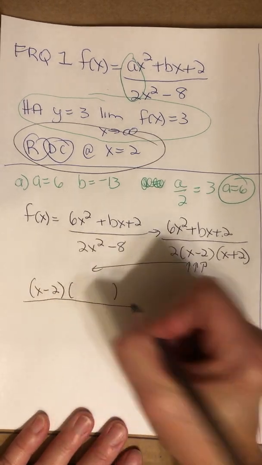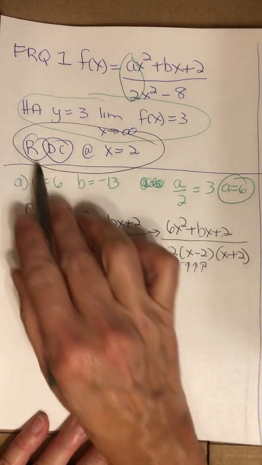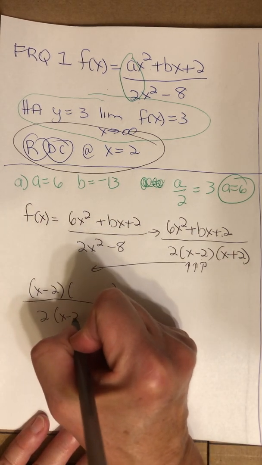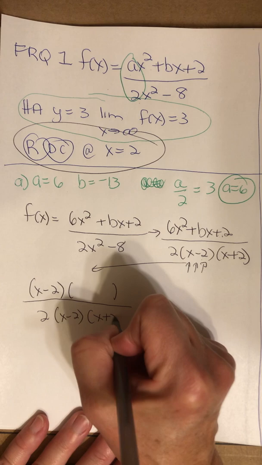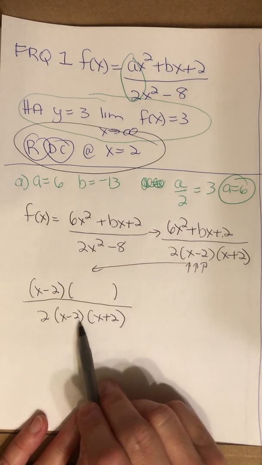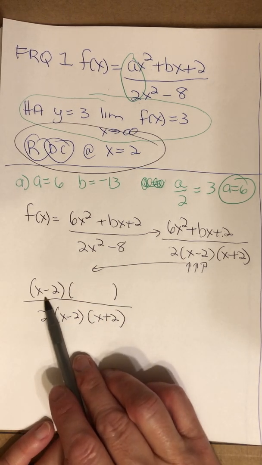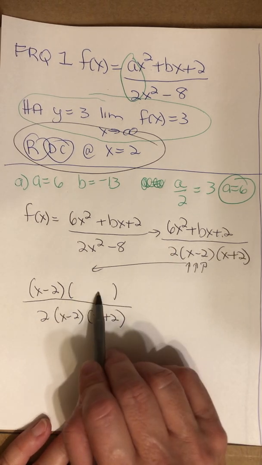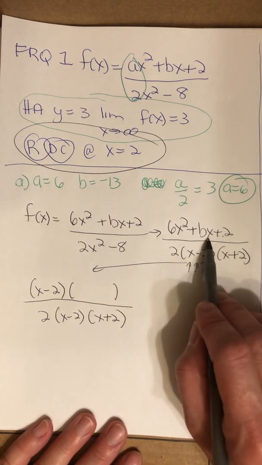In other words, they gave me a hint with the removable discontinuity at x equals 2 that this x minus 2 in the denominator also has an x minus 2 in the numerator and cancels out. Well, x minus 2 times something is 6x squared plus bx plus 2.